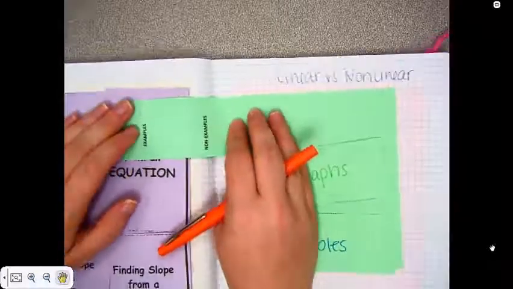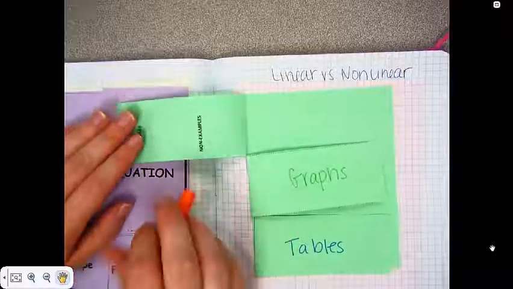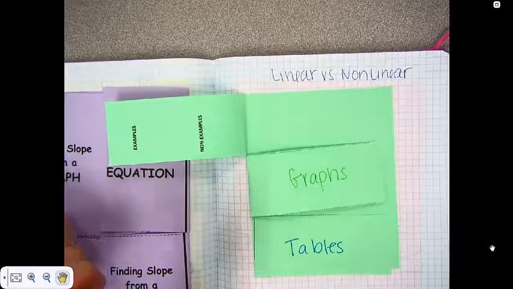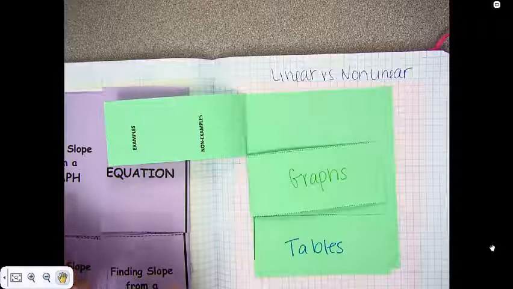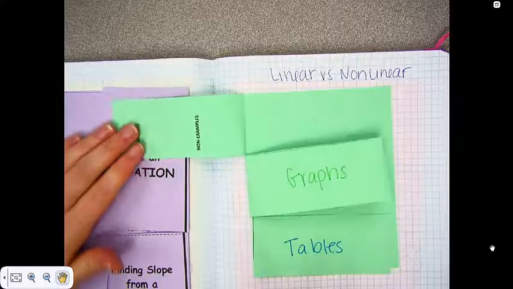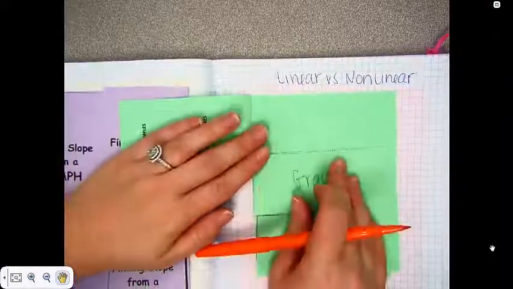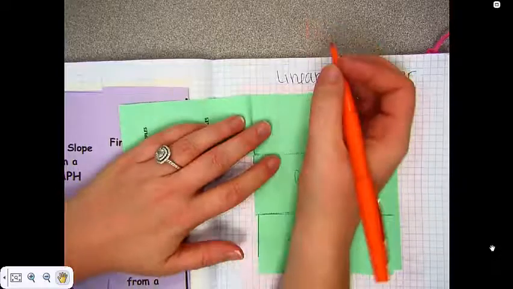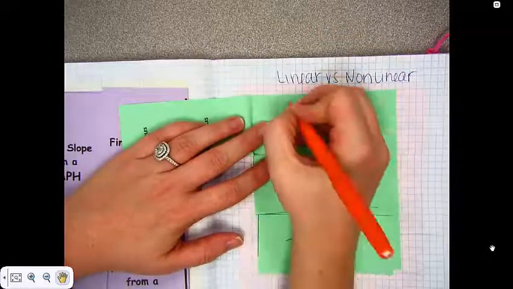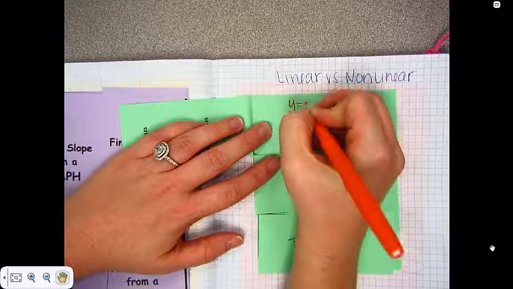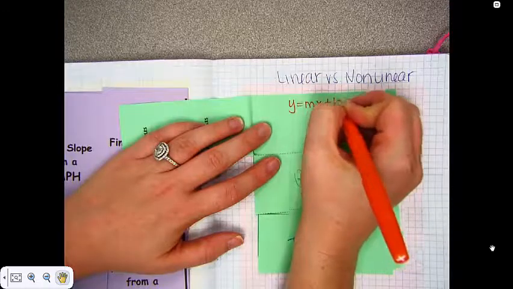I can see here, I'm going to list some examples and non-examples. But first let's define. If we're looking at an equation, how can we tell that a function is linear? Okay? So remember that the most common form of a linear function is y equals mx plus b.